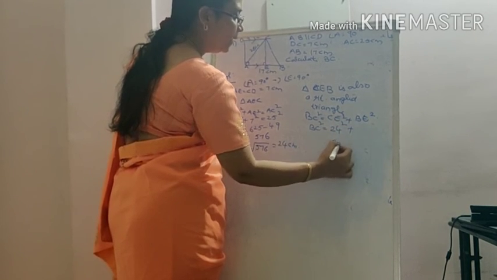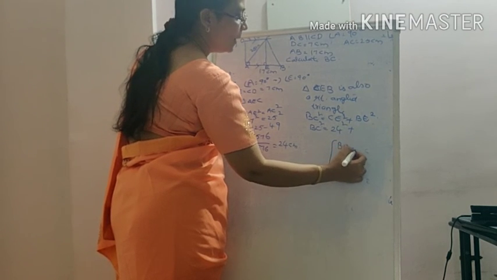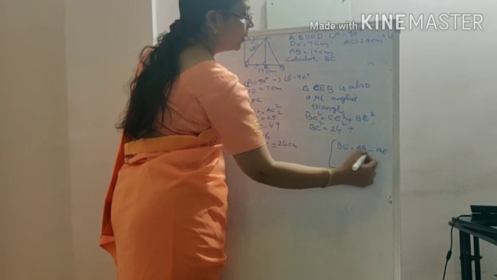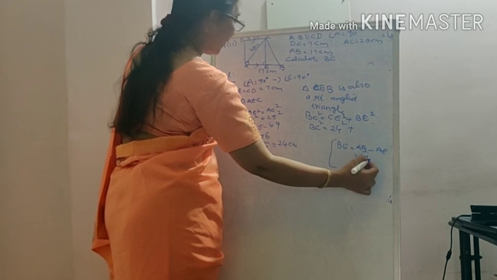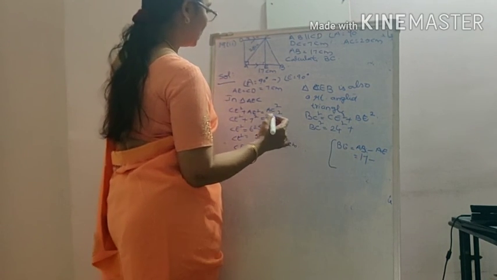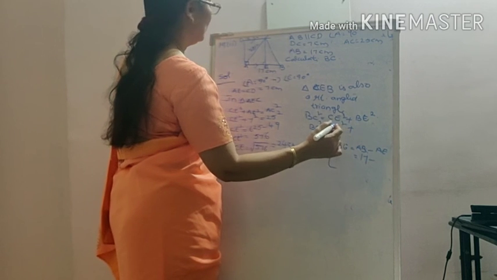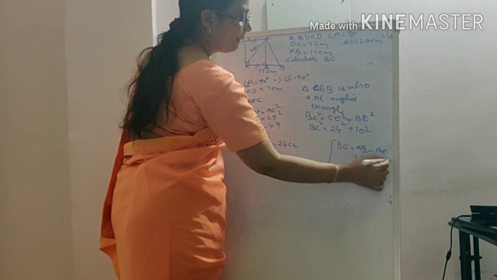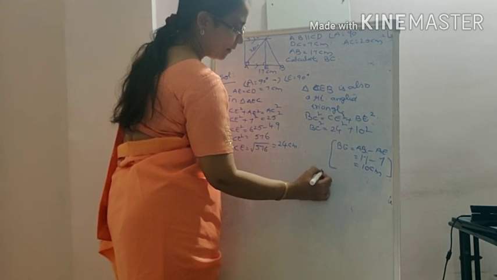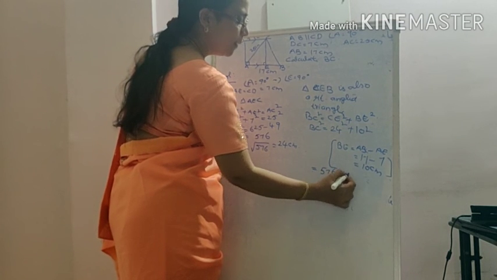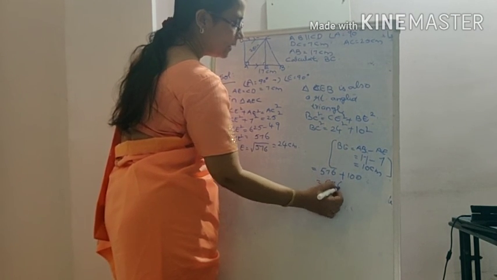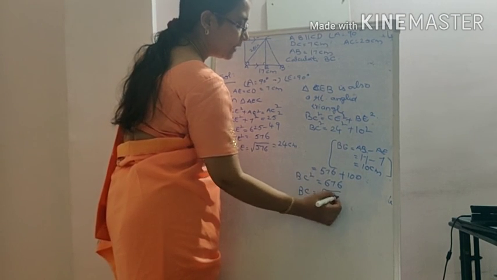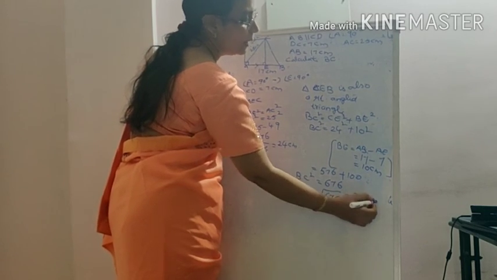BE we can calculate. Total BE can be written as AB minus AE. Your AB is 17 and AE we have just found out is 7. So it is 10. So 10 square. So 24 square is 576 plus 100, which is 676, BC square. So BC is under root 676, which is 26 centimeters.